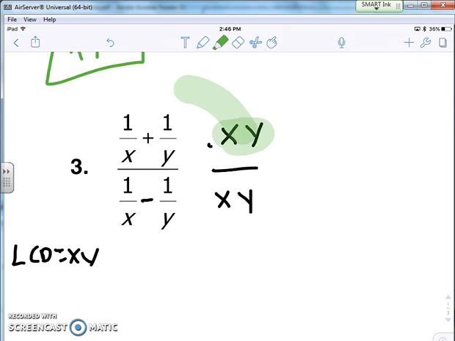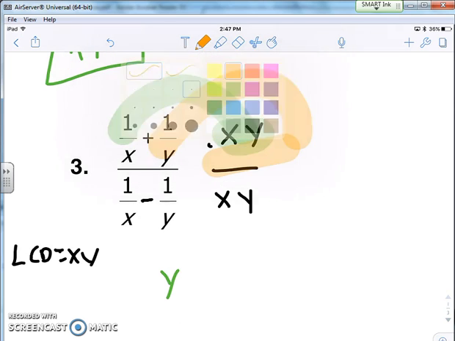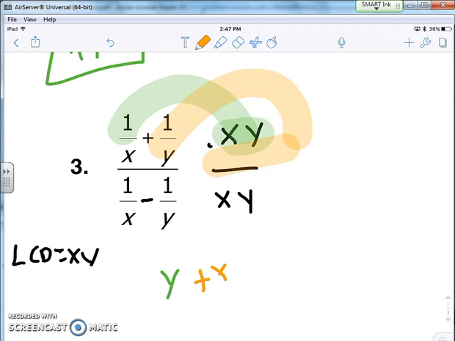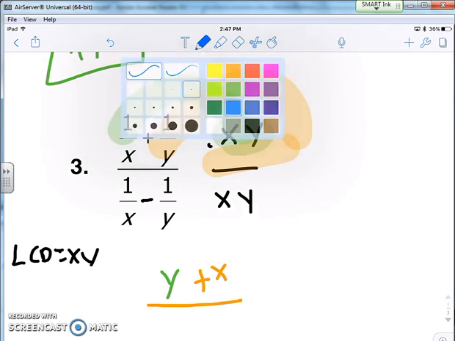So xy times the first is going to give me y. And let's use orange. Xy times the second gives me plus x. Got a divisor bar. Let's move to the bottom.